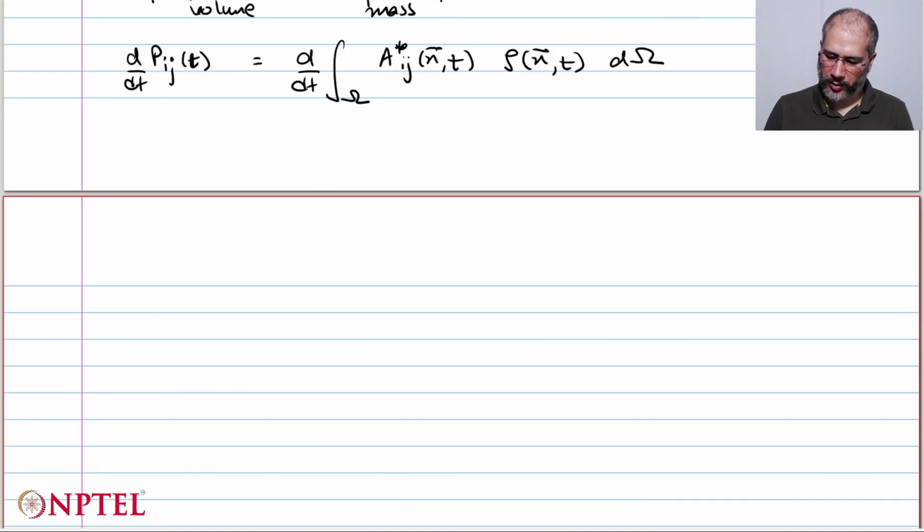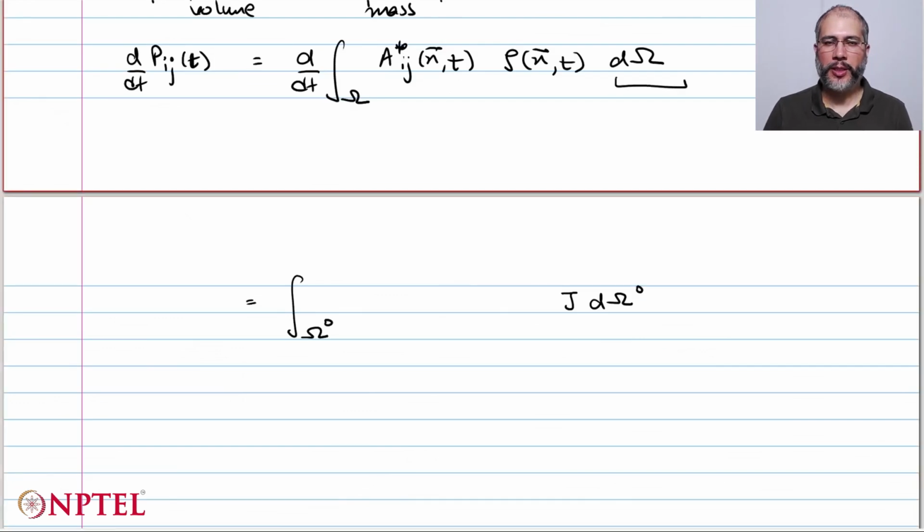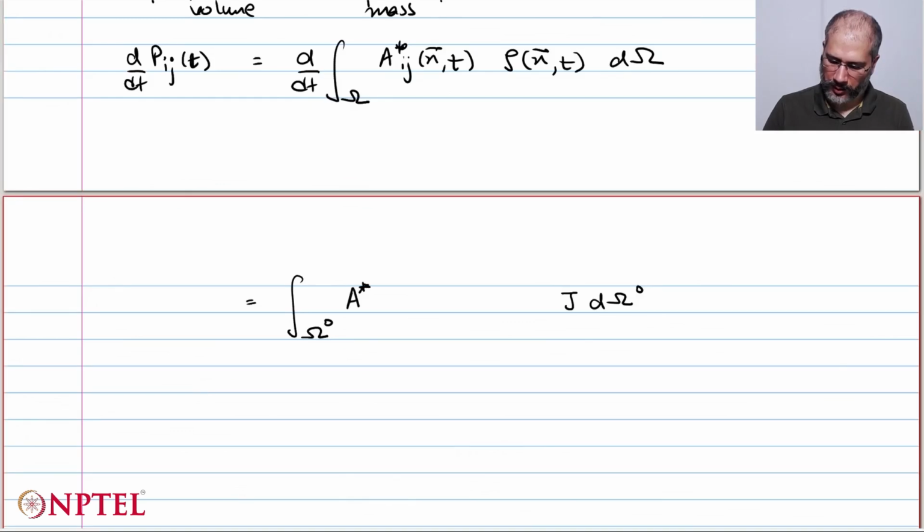And now since we're interested to move this derivative on the right hand side inside the integral, we express the integral in the reference configuration by writing the d omega element as j times d omega naught, and we also express A star in the Lagrangian description. So we have a tilde on top, and so is the density written in the Lagrangian description. And we still have a d by dt here. So now d by dt can easily move inside the integral.